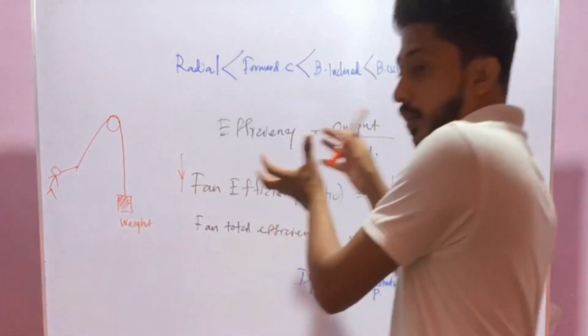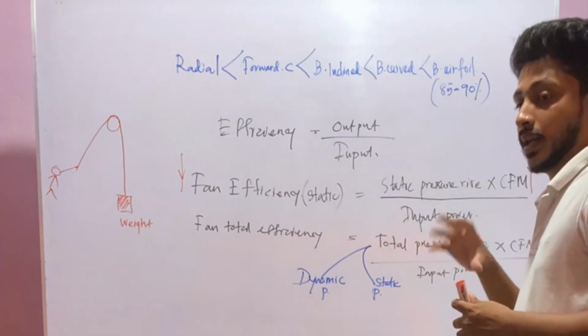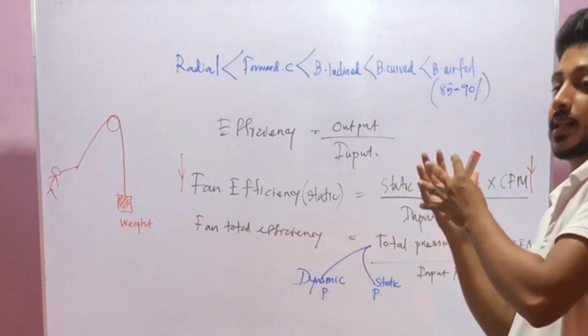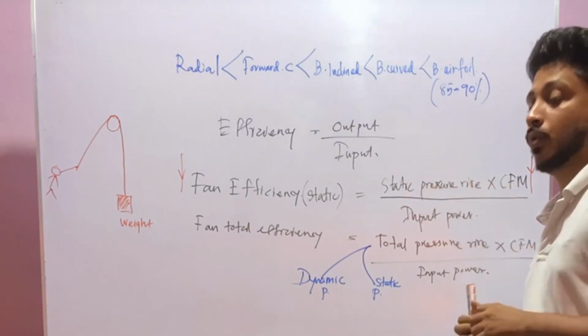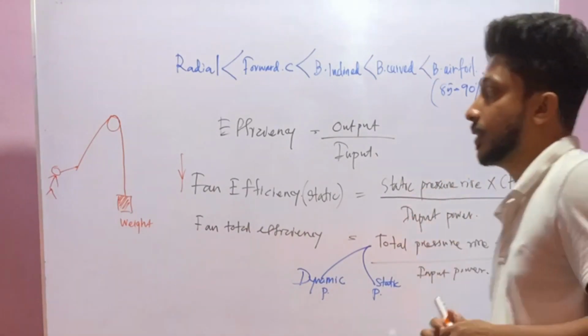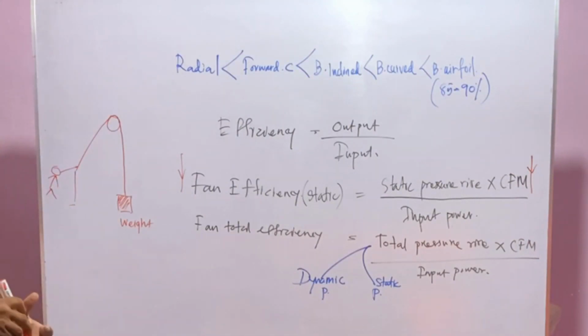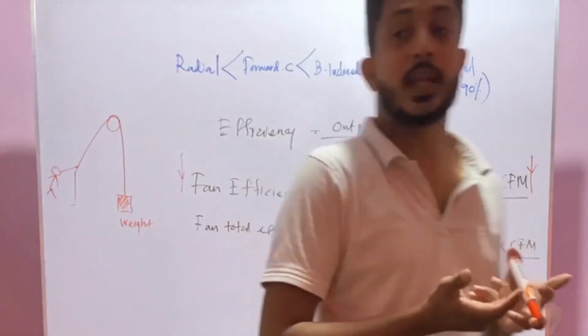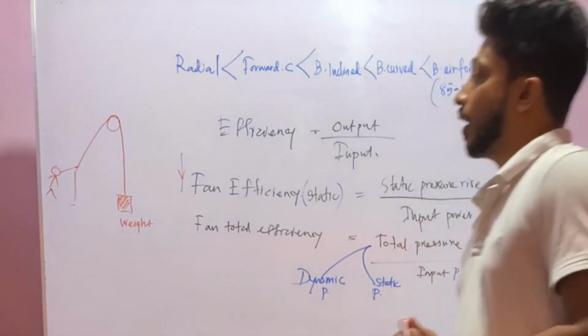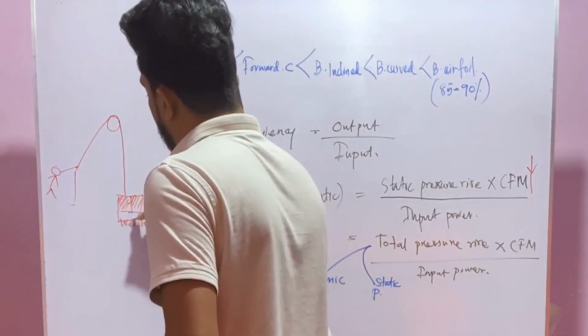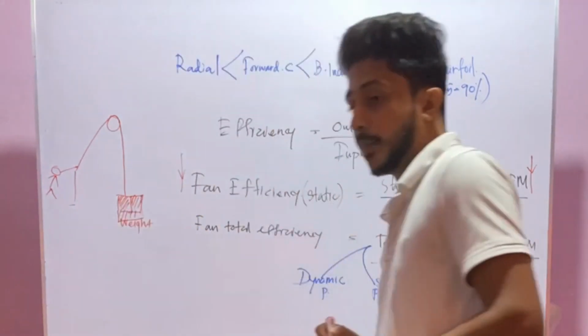If you compare it to the fan, that means if the rotational speed or the fan speed is increased, you have to give more energy. But the thing is, energy does not depend only on the speed. Okay. So what about if I increase this weight? If I increase this weight, what happens?